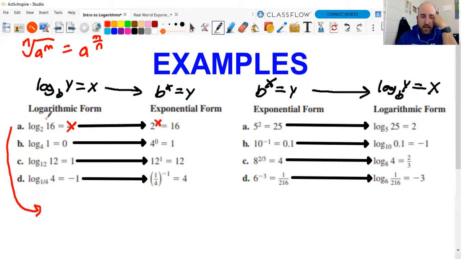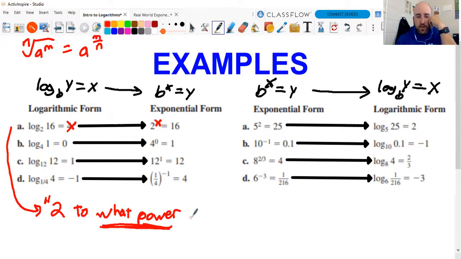You could be missing different ones of these, but for the most part, this is what you're going to have. This, and trying to figure out what's equal to. So the question you're really asking is 2 to what power equals 16, okay? 2 to what power equals 16?